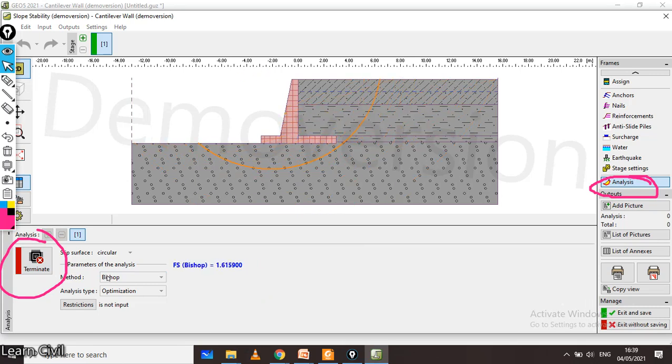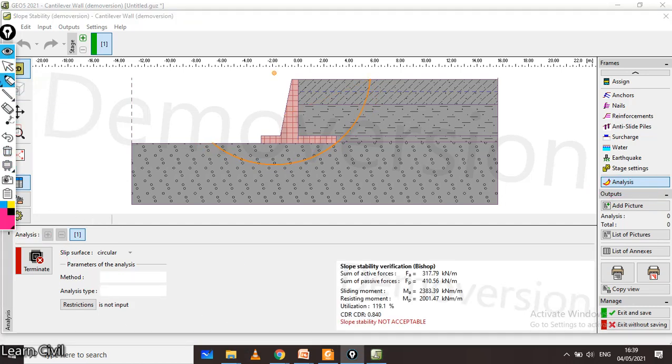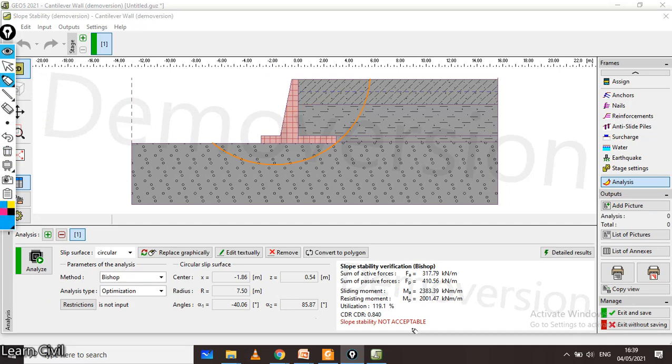Wait till the analysis is completed. You can again see here the slope stability is not acceptable.